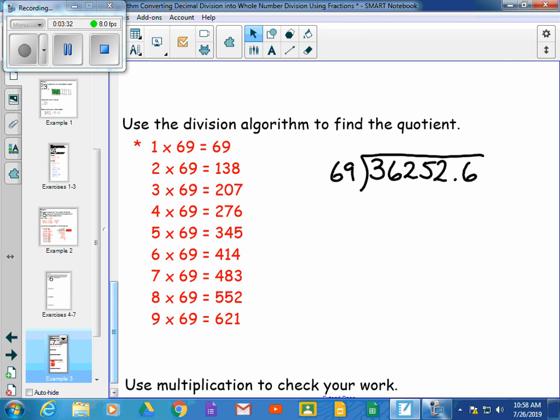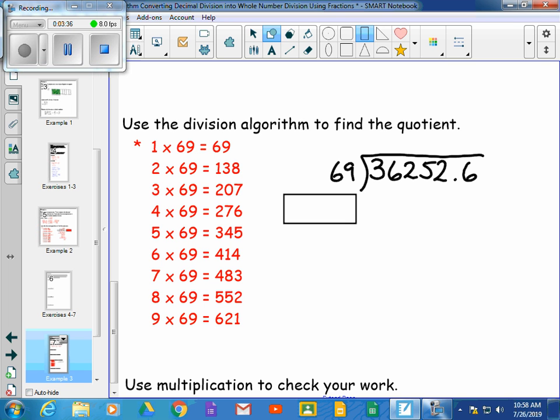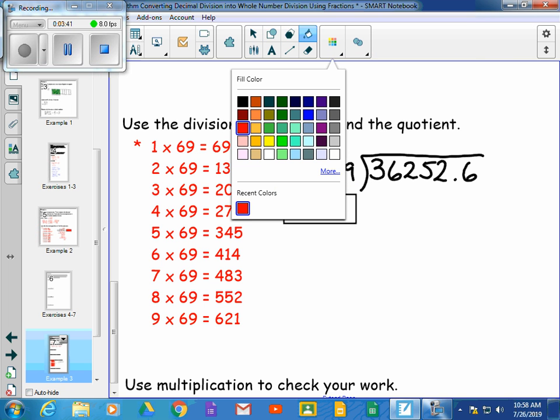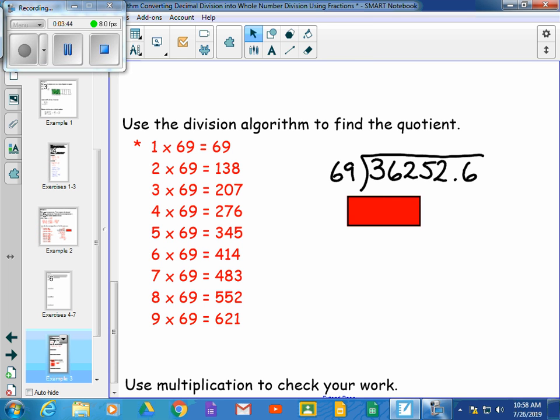Then I'm going to divide it out completely. My little rectangle. All right, and we're going to reveal one digit at a time.